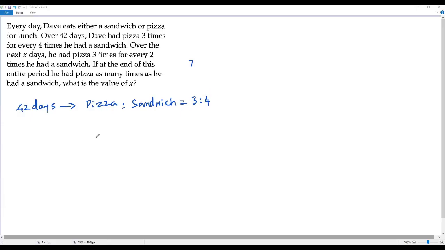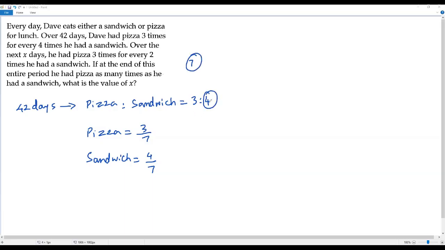So the fraction for pizza is 3/7, that is, out of 7 parts, we have 3 parts for pizza. And the fraction for sandwich is 4/7, that is, out of total 7 parts, we have 4 parts for sandwich.